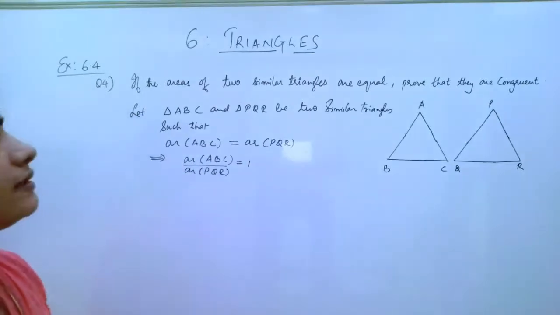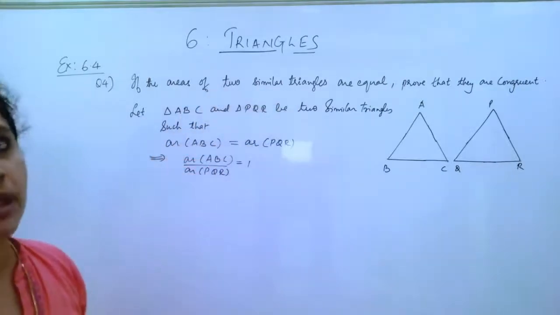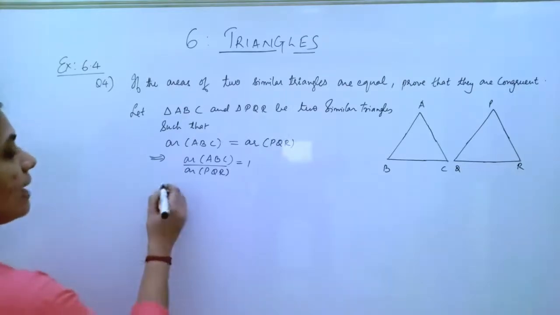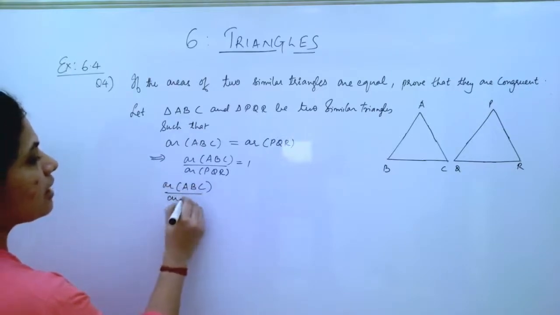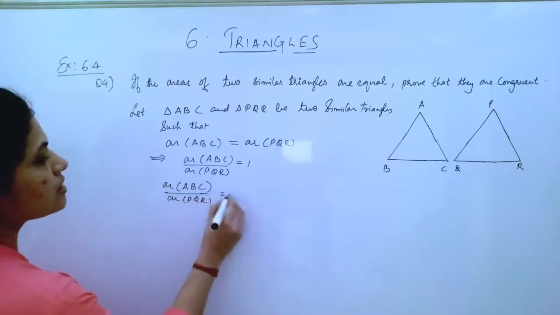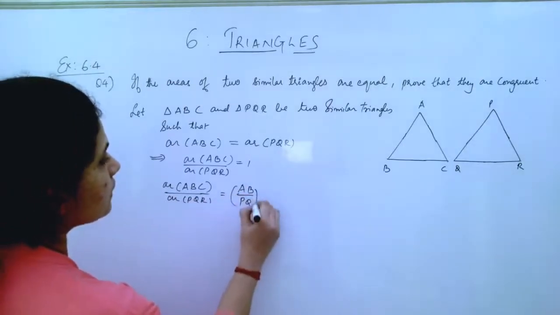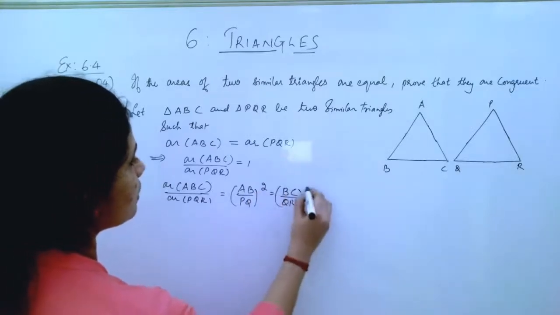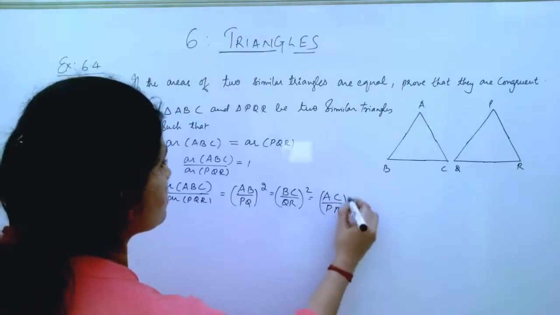Now by the theorem that the ratio of the areas of two similar triangles is equal to the square of the ratio of the corresponding sides, we will have area of ABC by area of PQR is equal to AB by PQ the whole square is equal to BC by QR the whole square is equal to AC by PR the whole square.